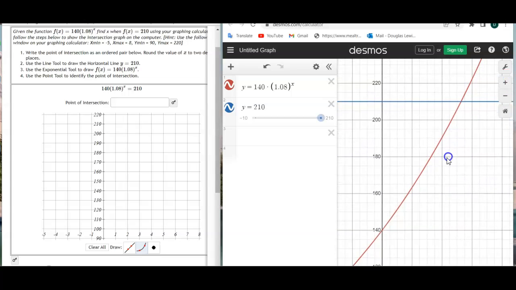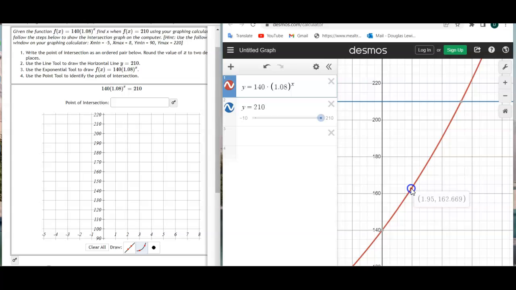Now let's take a look at this. It asks us to graph it on WAMAP. To do that on WAMAP, you're going to have to put in 140 and another value. So let's put in 140 and 0. And if you notice on Desmos, if you click on a point here, it'll show you what the value of that point is.